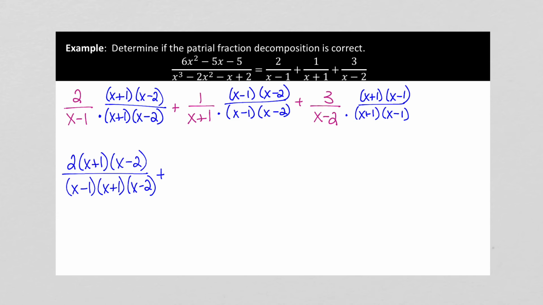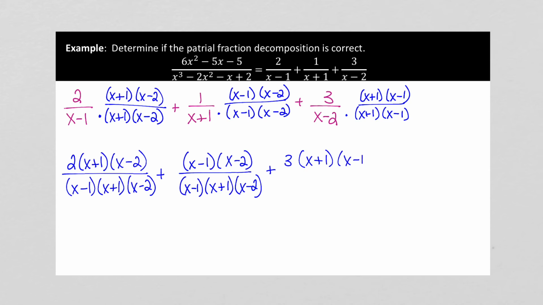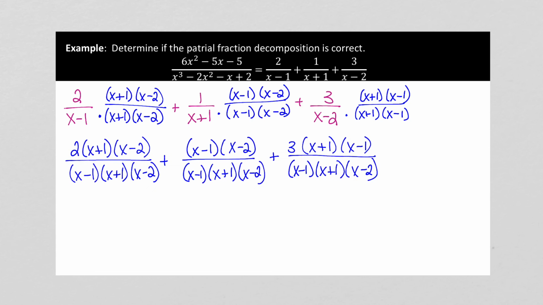And then we have 1 times x minus 1 times x minus 2 over x minus 1 times x plus 1 times x minus 2. And last, we have 3 times x plus 1 times x minus 1 over x minus 1 times x plus 1 times x minus 2. Okay. I think I'm going to run out of room here.